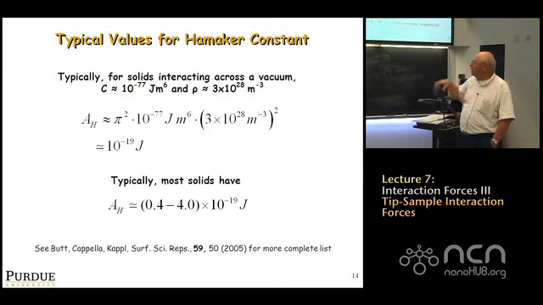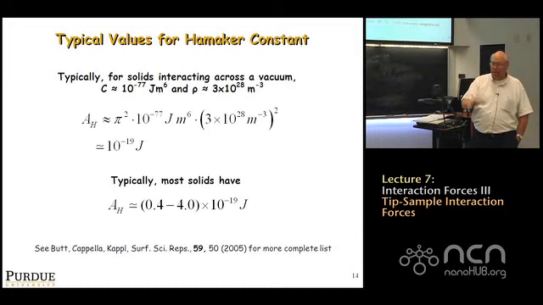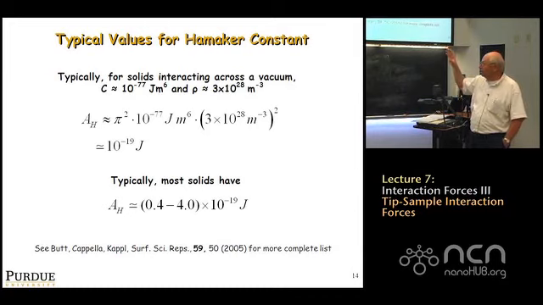If you have the reader that we handed out on the first day of class, there's an article in that reader by Butt, Cappella, and Kappl. If you look on page 50, you will see a long table with references. He refers to the original literature, and this long table lists Hamaker constants for different systems.